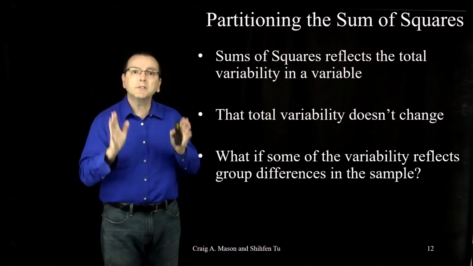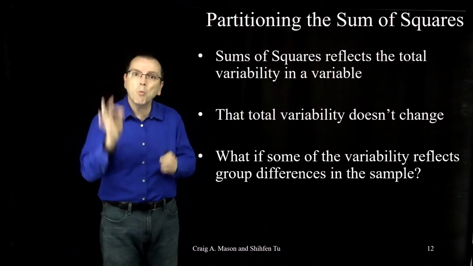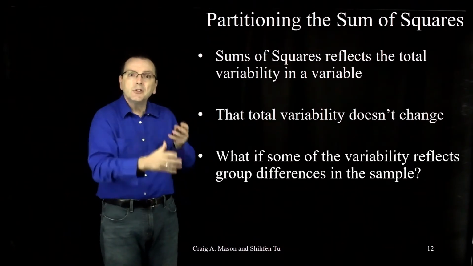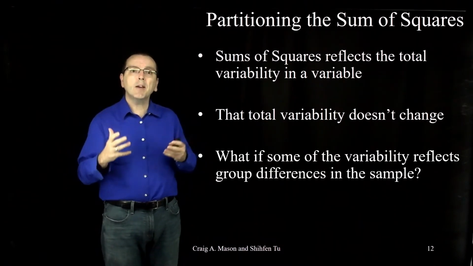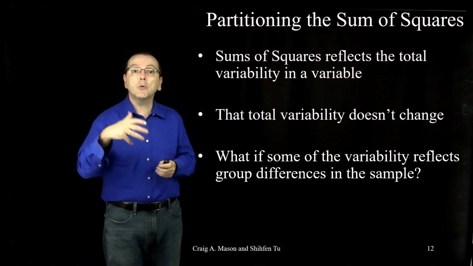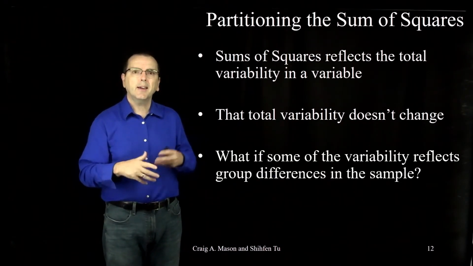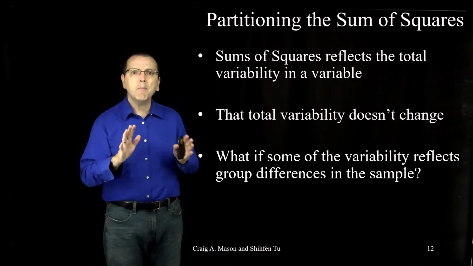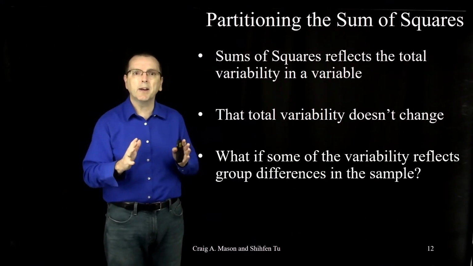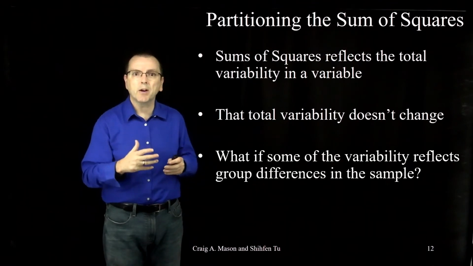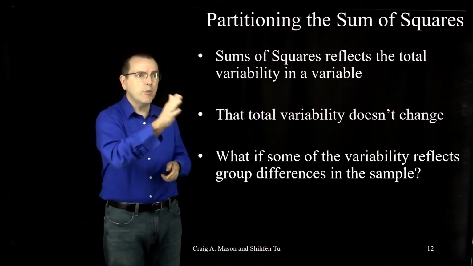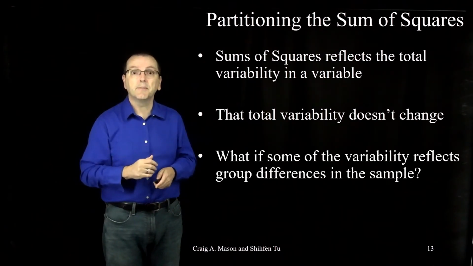The overall sum of squares hasn't changed one bit. I've just noticed that some of that variability is related to the curriculum group that students are in. Can I figure out how much of that total variability, how much of that sum of squares, is related to those group differences?